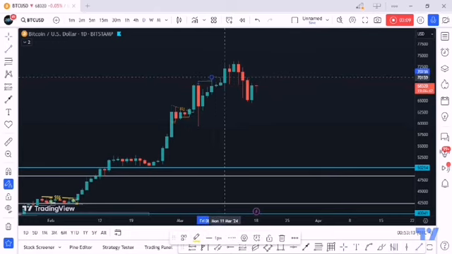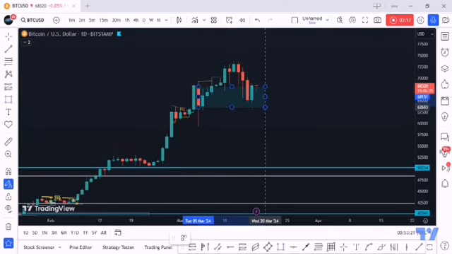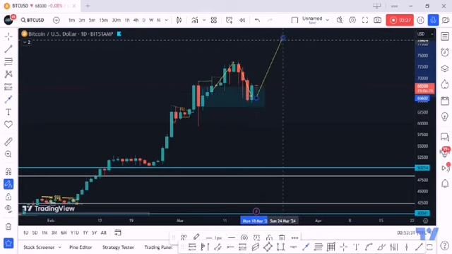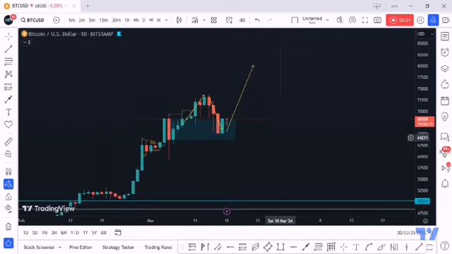We've been breaking up, making new highs, and leaving behind this major imbalance order block over here, right? So we can see current price broke above, came back down to test within that zone. Now we could potentially see the next run up go back up into that 80,000 area.